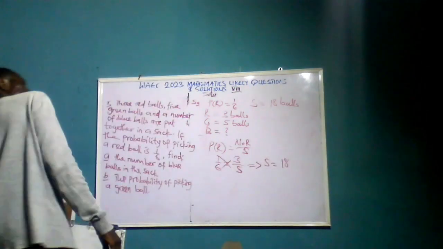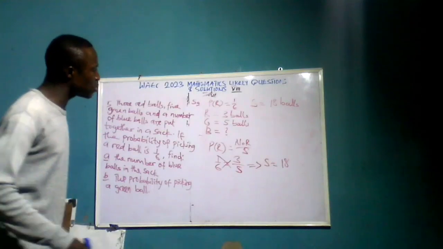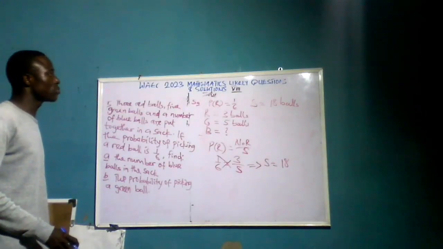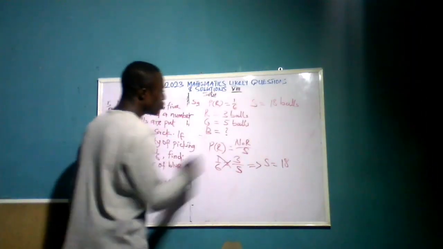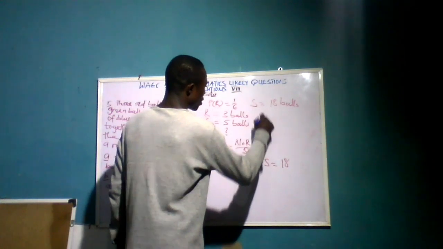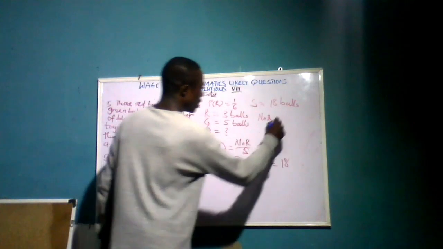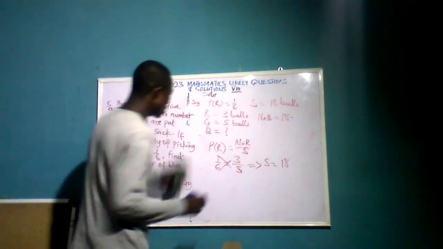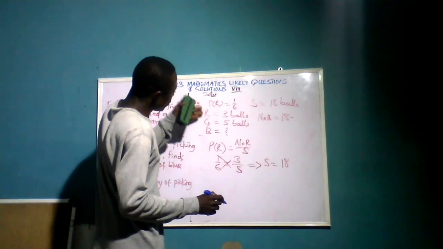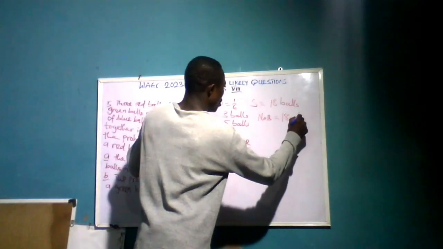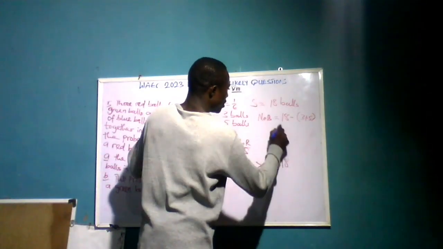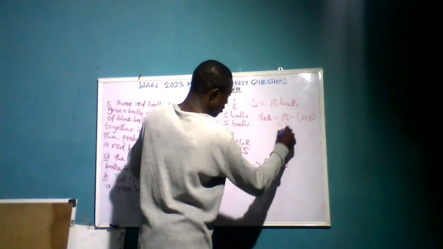Okay? And since our sample space is found to be 18 balls, it implies that the number of blue balls will be what? Number of blue balls will be equal to 18 minus the sum of red and green balls, which is 3 plus 5. That will give you 10.